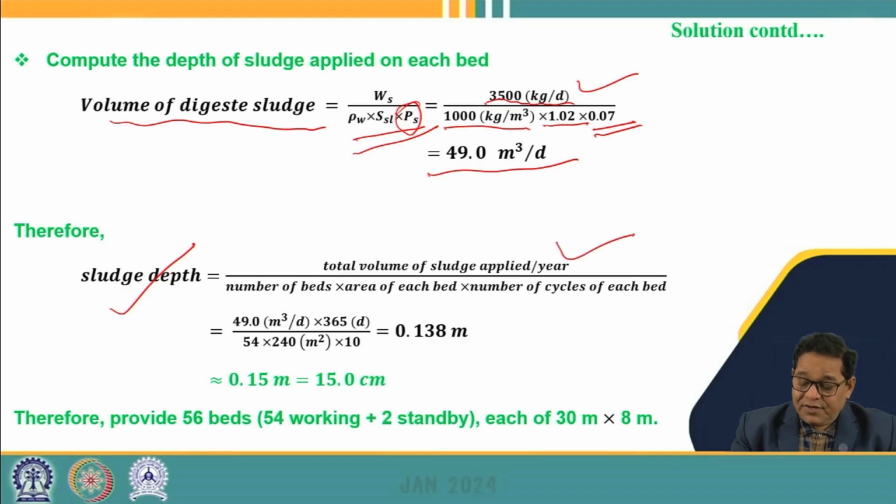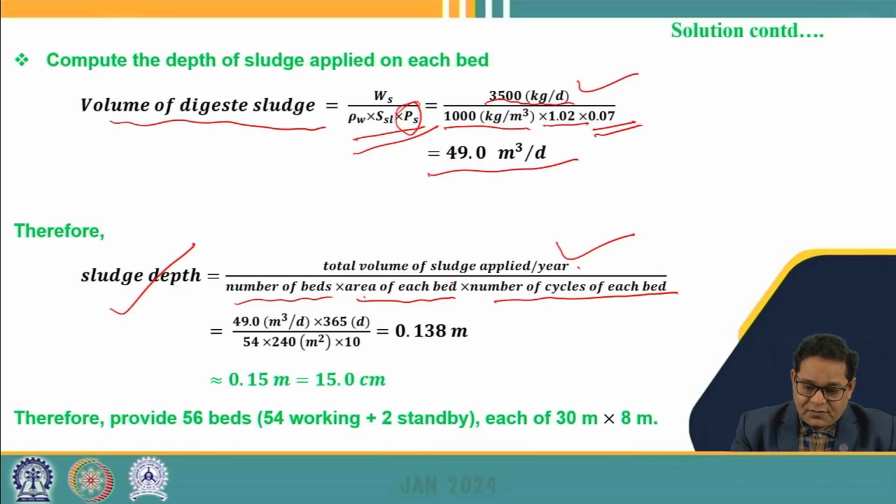We can use this formula: total volume of the sludge applied in a year divided by number of beds, divided by area of each bed, and then number of cycles of each bed that can be put for operation. By putting this value, we can find out the depth of the sludge being applied onto the sludge drying bed, so that we can check that it should not exceed 15 centimeter.